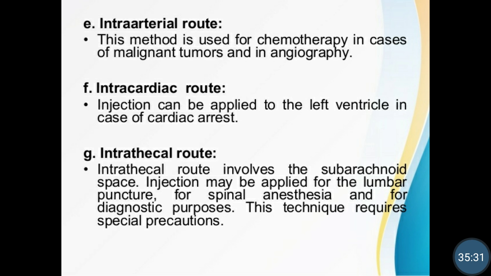The injections are given directly in the arteries. So in chemotherapy for the treatment of malignant tumors, which can spread from one organ to another organ, and in angiography, the intra-arterial route is preferred.